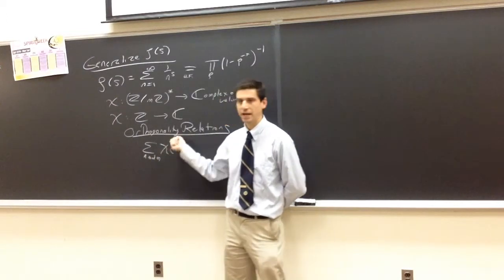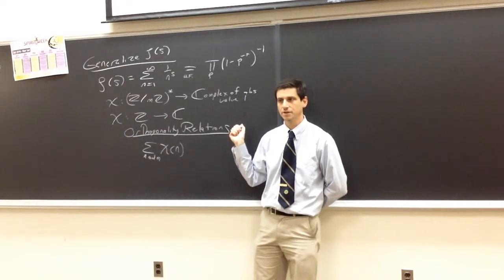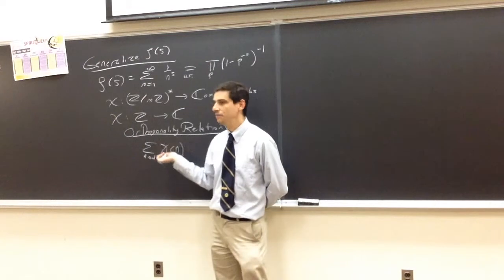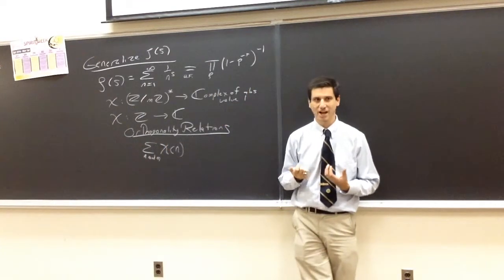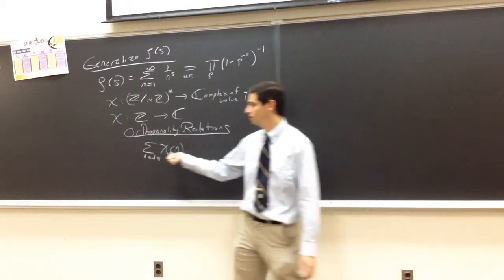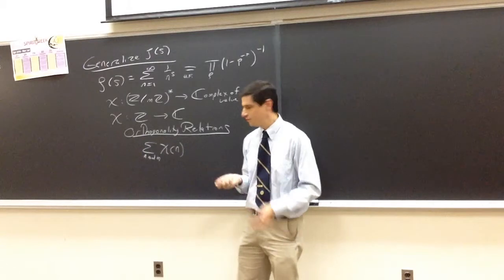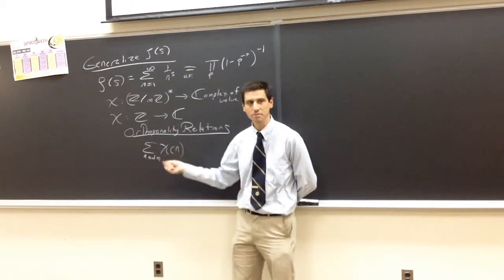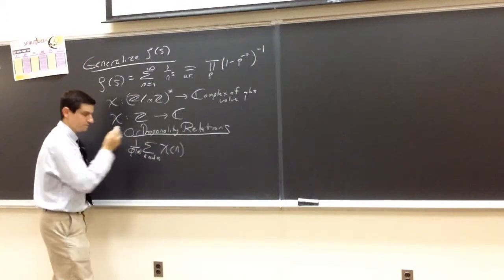How many elements do I have? Phi, or totient, of m. So I have phi of m ones that are legitimately playing a role here. Right? I have m minus 1 numbers if I'm looking at all the residue classes, but a bunch of them just always give me 0. So if I'm trying to figure out how large this sum could be, it's very natural to divide by the number of things in play.